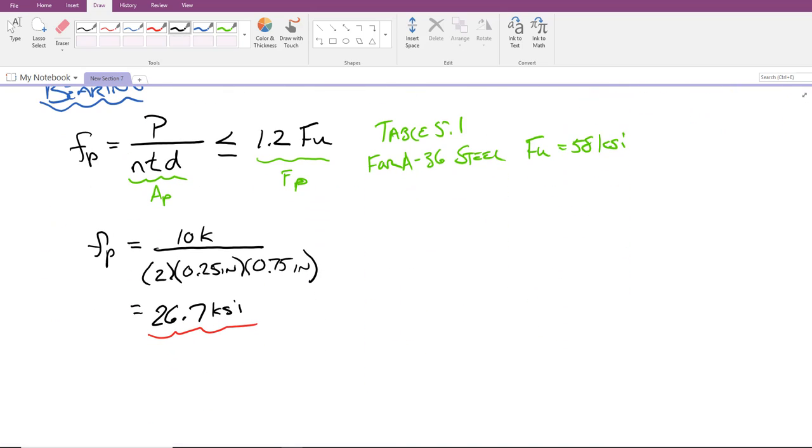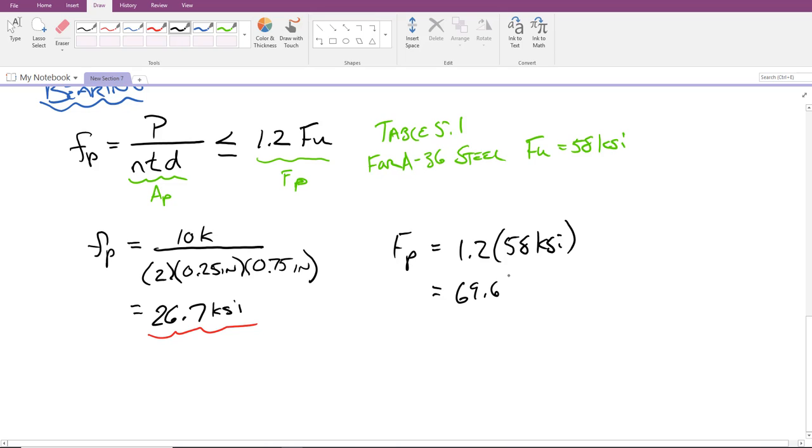And we still have to do the other side. The allowable stress is equal to 1.2 times our 58 KSI, which gives us 69.6 KSI. We can see that our actual bearing stress is significantly less than our allowable bearing stress.